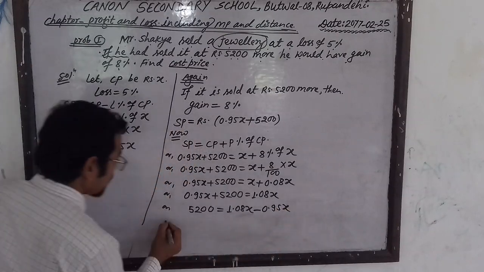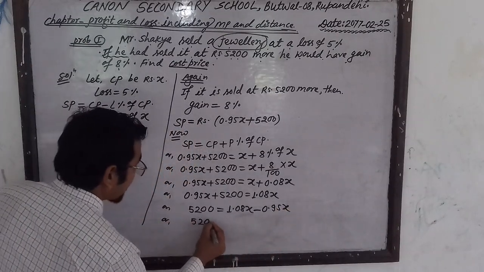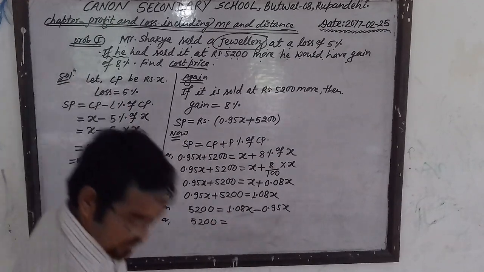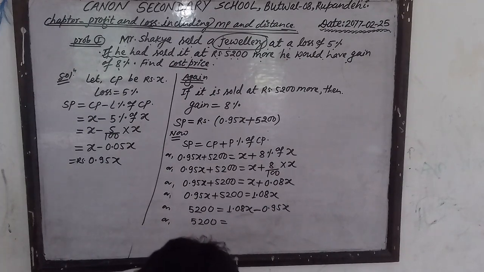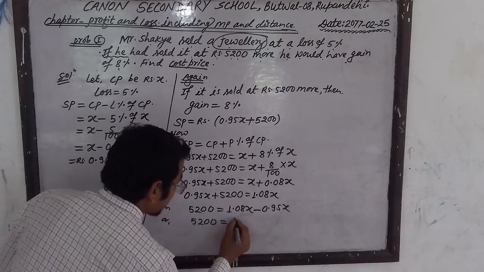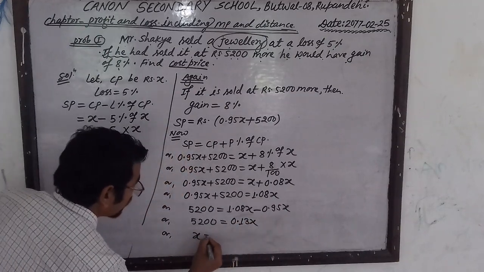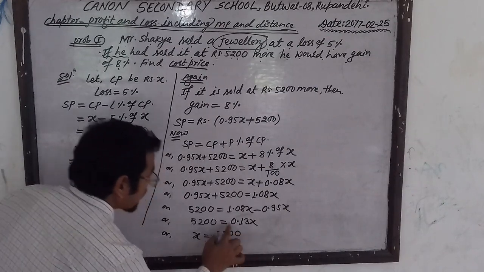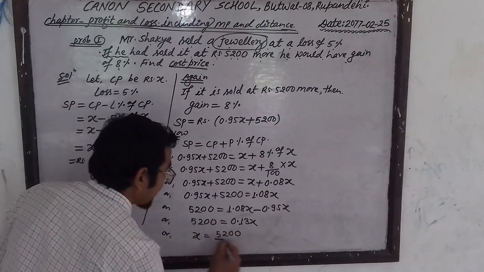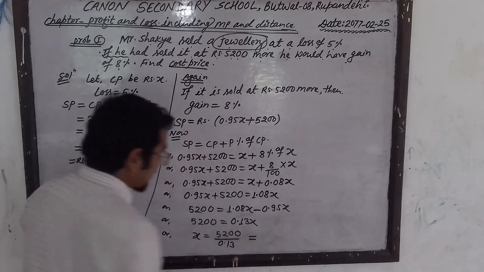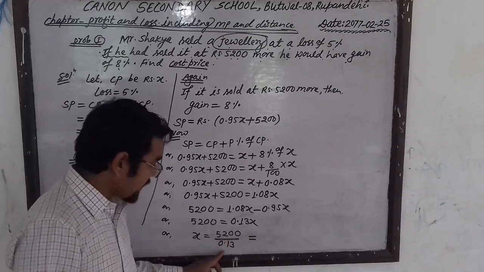Then 5200 remains, equal to 1.08X minus 0.95X. Using the calculator, it comes to 0.13X. So X is equal to 5200 divided by 0.13.